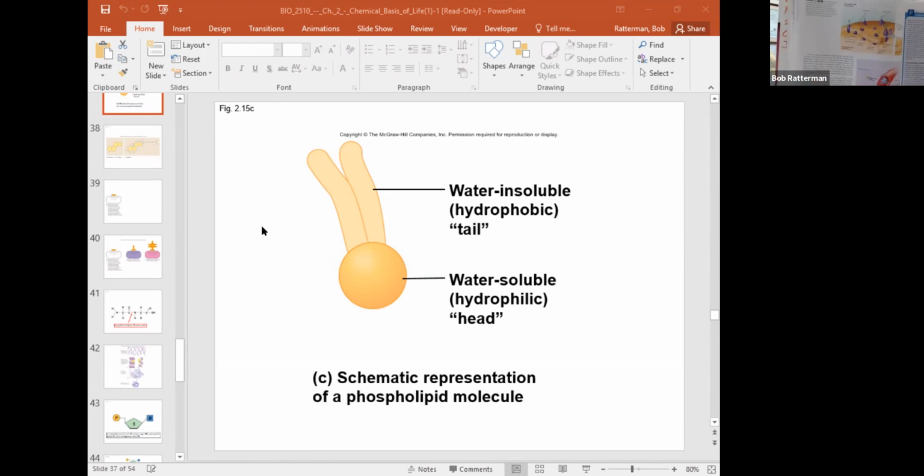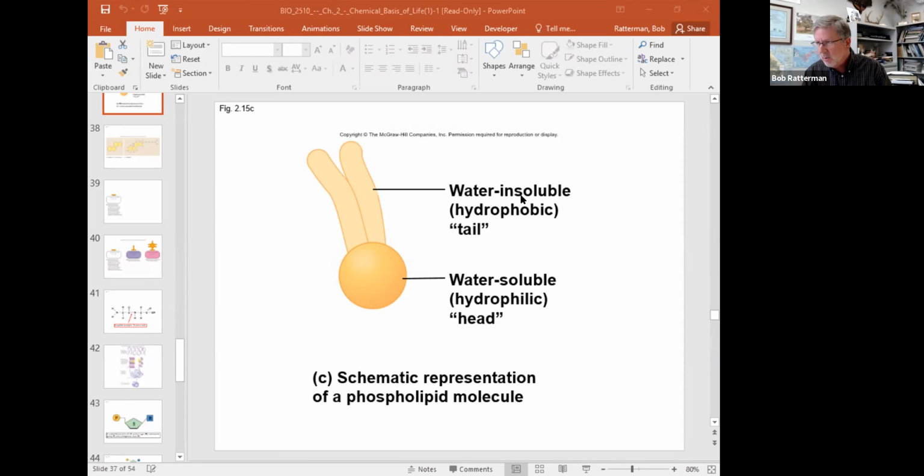There's a sketch of what's called the fluid mosaic model of the cell membrane. And those yellow structures are phospholipid molecules in a bilayer, in a 2-layer arrangement with the hydrophilic head regions facing out or in to the cell, and the hydrophobic tails are oriented in the very center of the bilayer where there's no water.